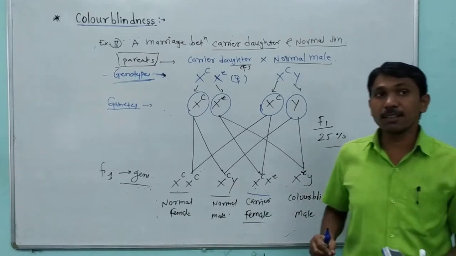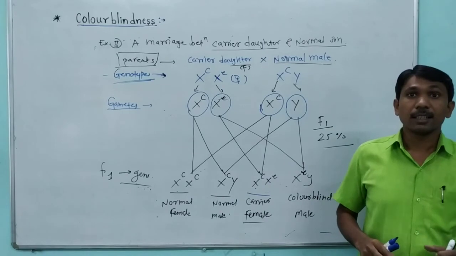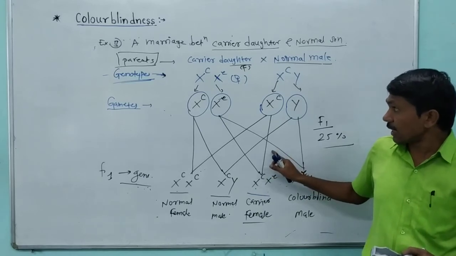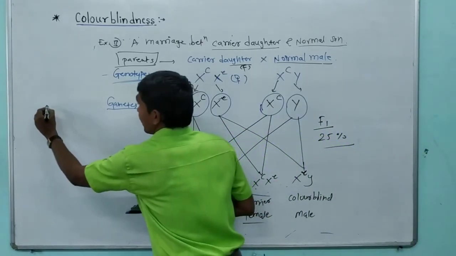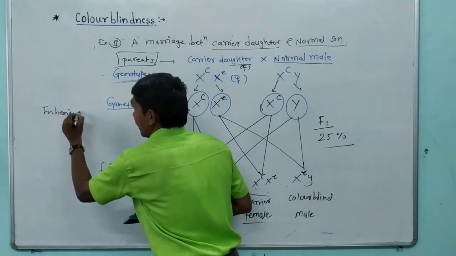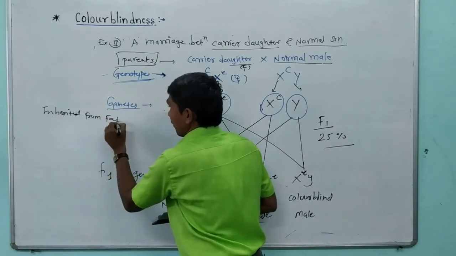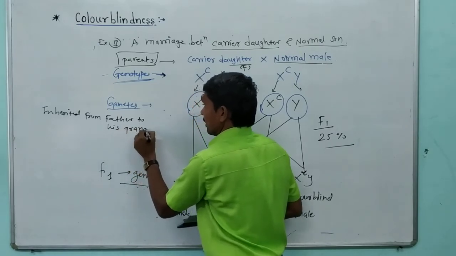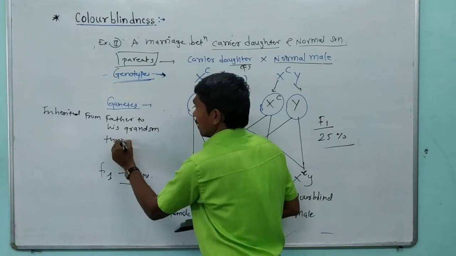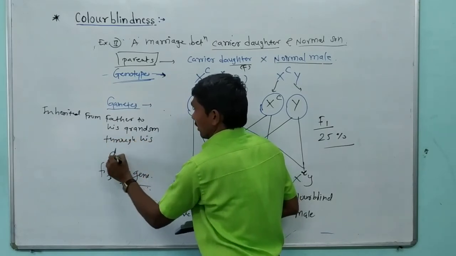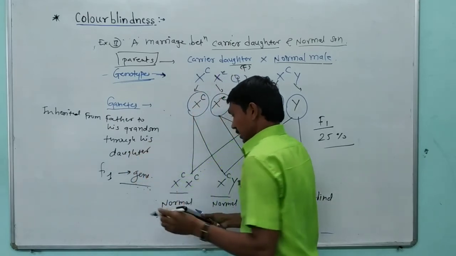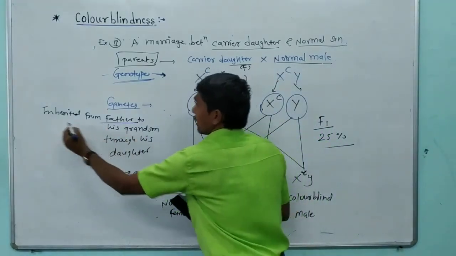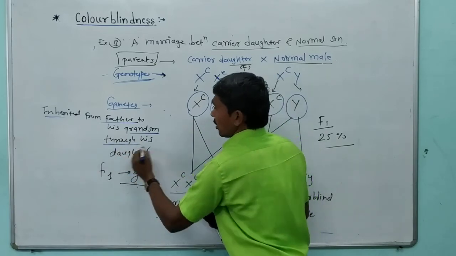So in this recessive X-linked disorder, this colorblindness which is an X-linked disorder, that is inherited from father to his grandson through his daughter.